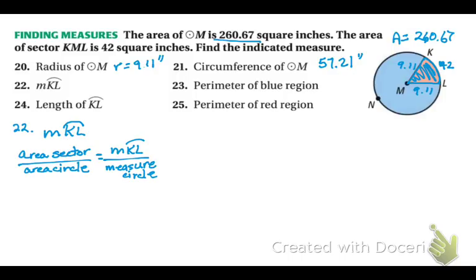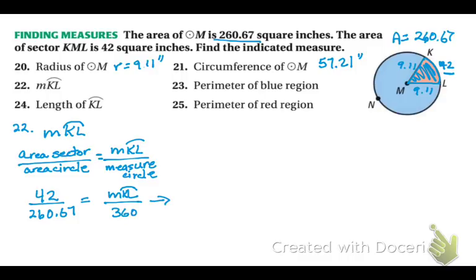We've got the area of the sector, we know it's 42. So 42 over the area of the circle, 260.67, is equal to the measure of KL, which is what we're looking for, over the measure of the circle, which is 360.